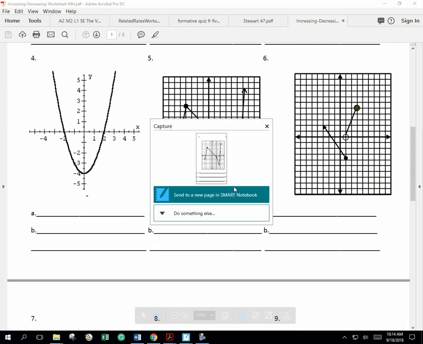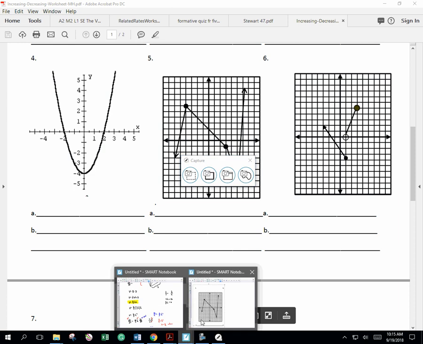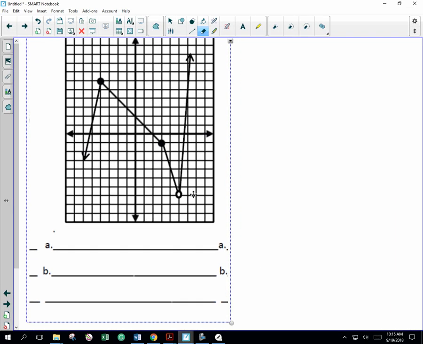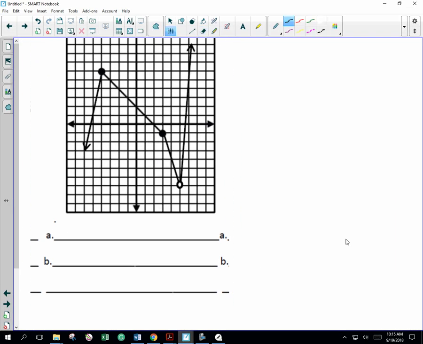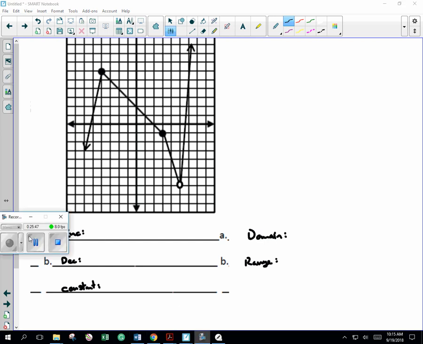So 1, 2, 3, 1, 2, 3, 4. So it's increasing from negative infinity to negative 4, union 5 to infinity. Decreasing. It's decreasing from negative 4 to 5.